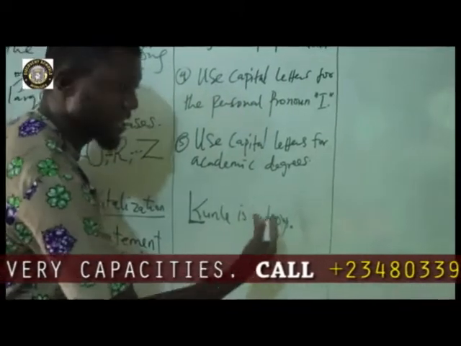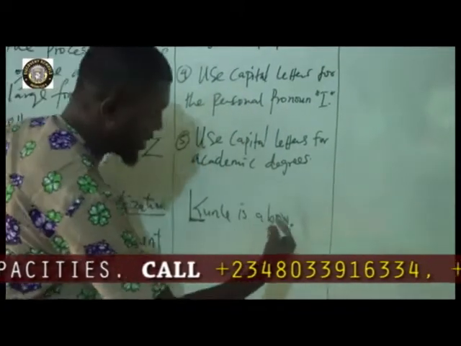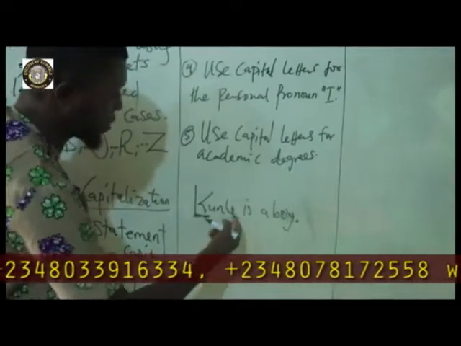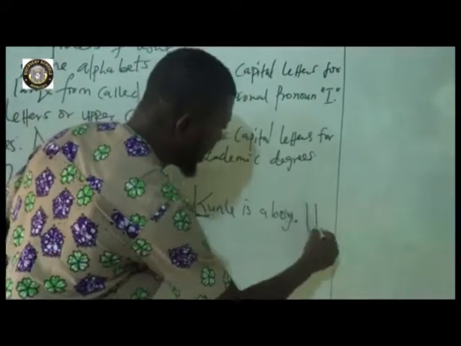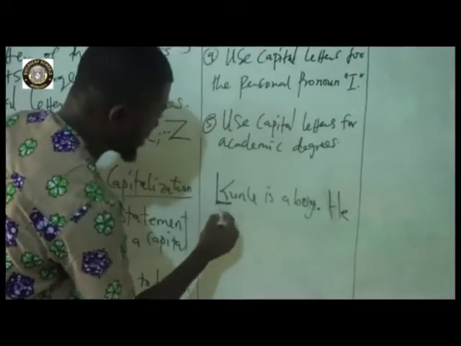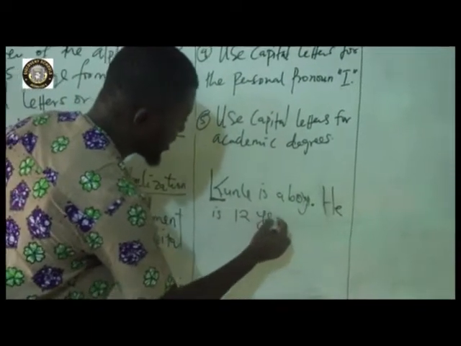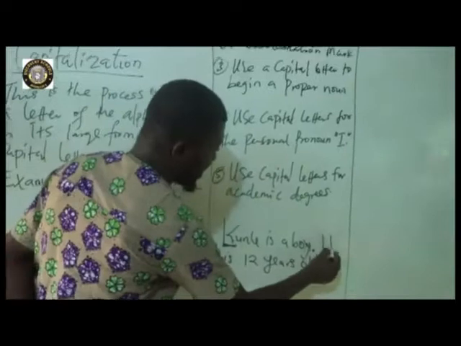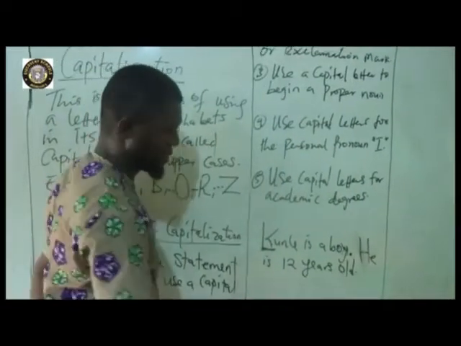After the first sentence, you give a little space and then you begin the next sentence also with a capital letter. For example, Kunle is a boy. He is 12 years old. In other words, we cannot begin this next sentence here with a small letter.